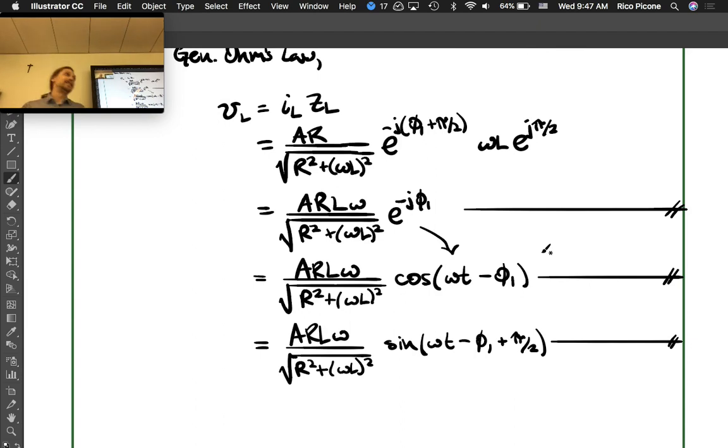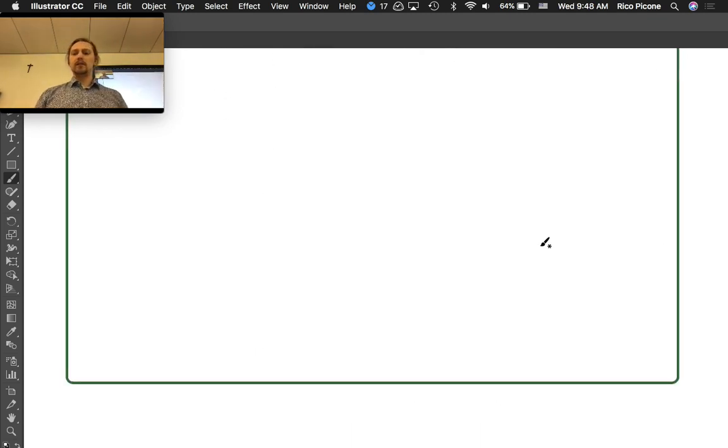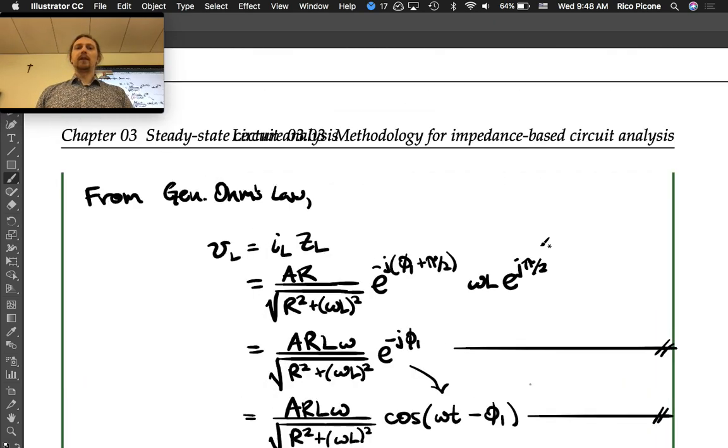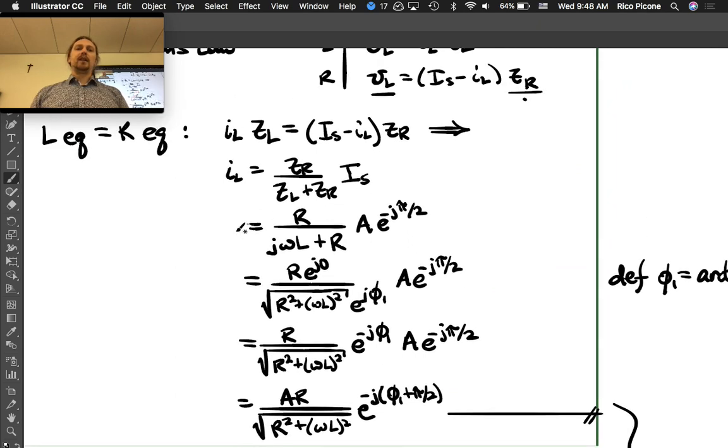Okay, and then a question. Good. I am confused as to how you phased something that is not sine and cosine. So the one time we did that here was in the denominator. We had this j omega L plus R, and we turned that into this, right?